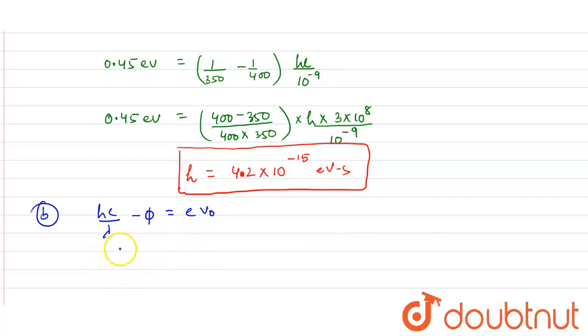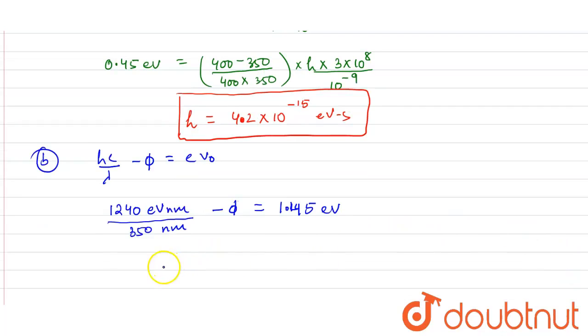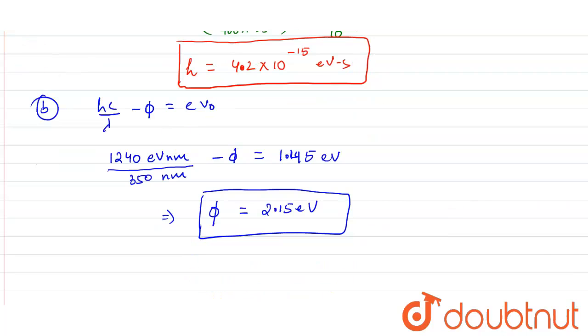Now hc in electron volt nanometers is given as 1240 electron volt nanometer divided by lambda, which is 350 nanometers, minus phi equals the stopping potential corresponding to 350 nanometer wavelength, which is 1.45 volt, so it will be 1.45 electron volts. So from here we can calculate the work function phi, and the work function phi will come out as 2.15 electron volts.